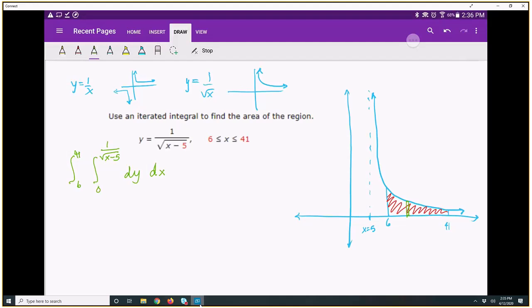Remember that we can think of 1 over square root of x minus 5 as x minus 5 to the power minus 1/2. So this is integration 6 to 41, integration 0 to x minus 5 to the minus 1/2 power dy dx.